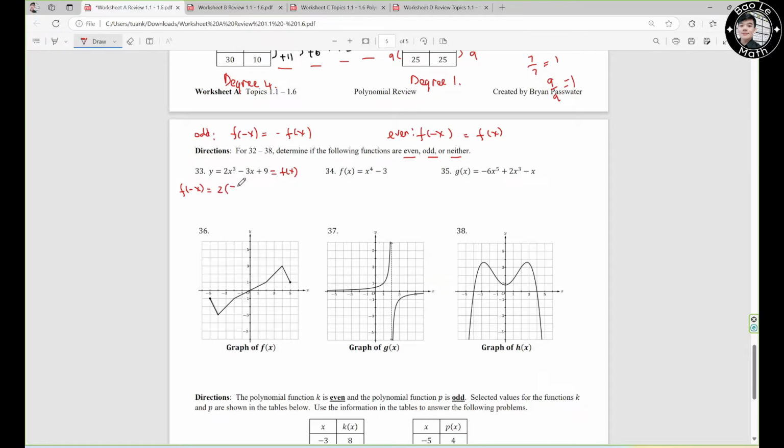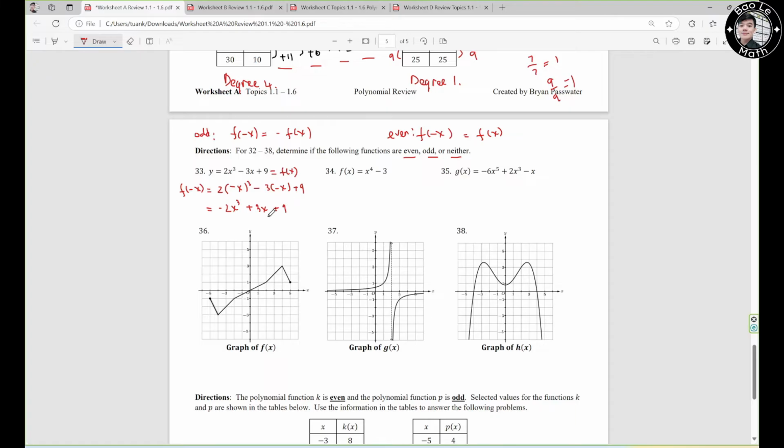So I have negative s cubed minus 3 times negative s plus 9, right? I'm going to simplify. Negative s cubed is going to be negative s cubed, so it could be negative 2s cubed. Negative 3 times negative s could be plus 3s plus 9, right?